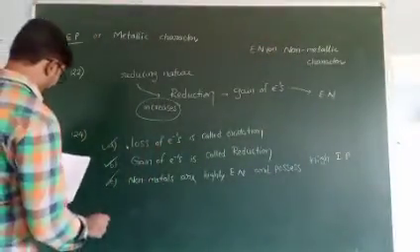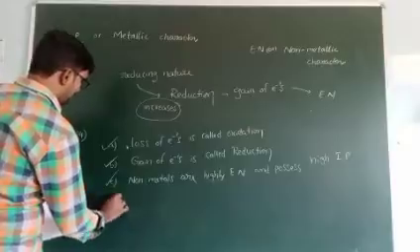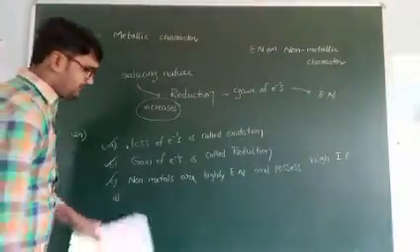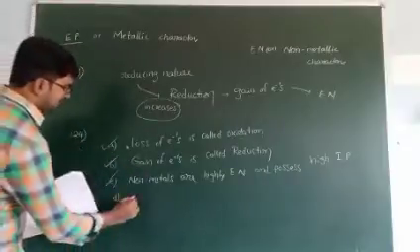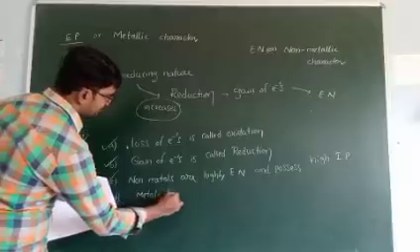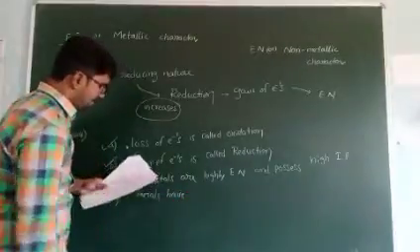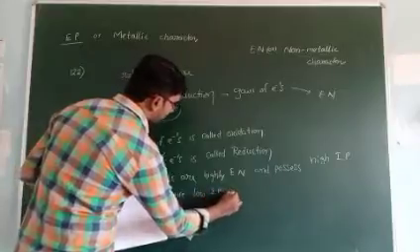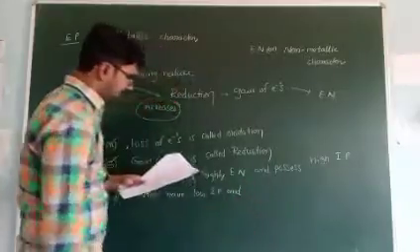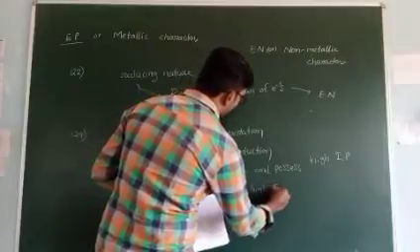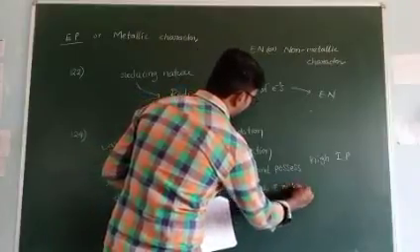Okay, D. So the first three are correct, which means the incorrect statement is automatically the fourth one. Now check: metals have low IP and high electronegativity values.